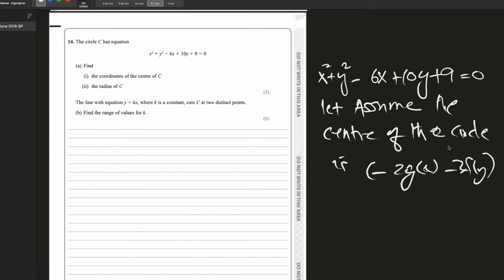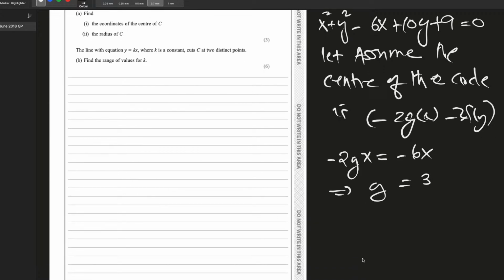So all we've got to do is equate this. So the first one, for the x value, we say what? Negative 2g of x is equal to negative 6. That's straightforward. They give g to be equal to 3. So that's the first coordinate.